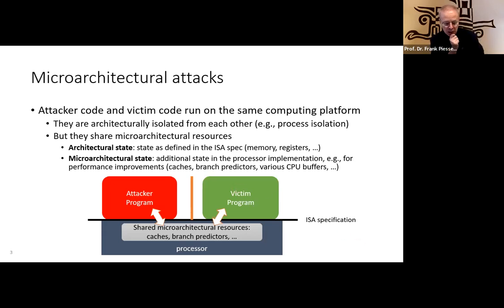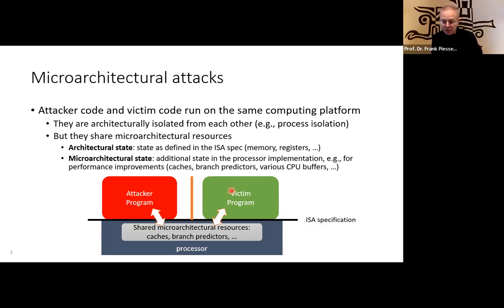Now, what else is important? We will consider a scenario where, according to the specification of the processor, according to the machine code, the assembly language specification of the processor, which we call the instruction set architecture or the ISA specification, the various stakeholders are isolated.